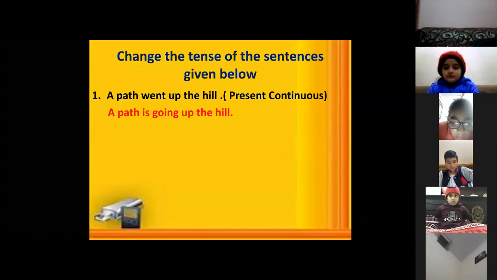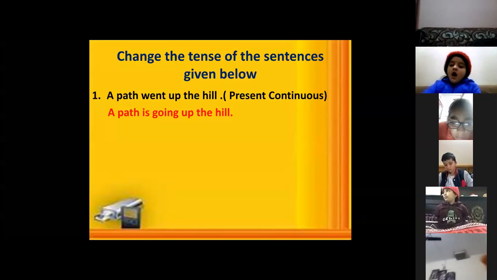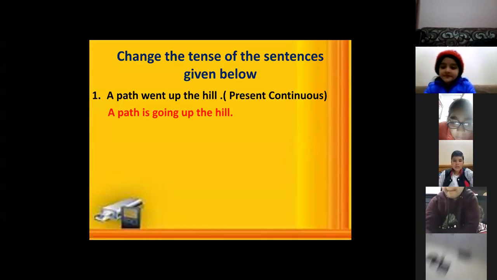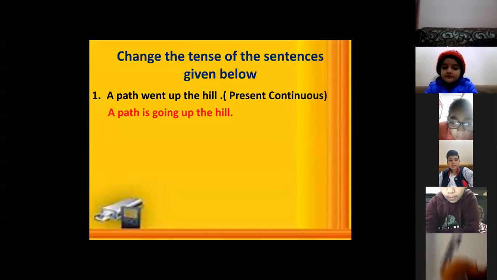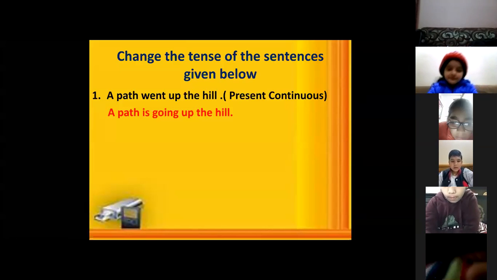Okay. So who can tell me originally in which tense has a sentence been written? What is the original sentence? A path went up the hill. Which tense has it been written in? Past tense, okay.